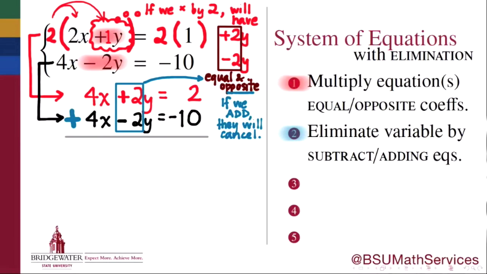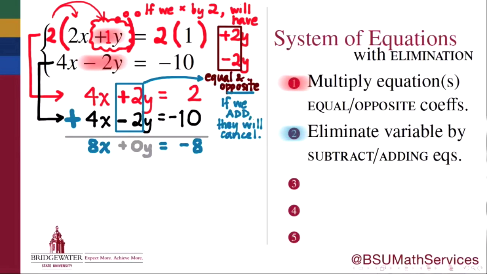So adding these two equations to each other gives us a new single equation, 4x plus 4x, 8x, plus 2 minus 2, 0, y, equals, on the right-hand side, 2 plus negative 10, which is negative 8.